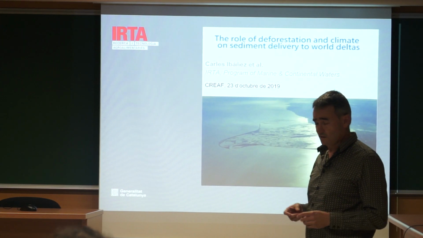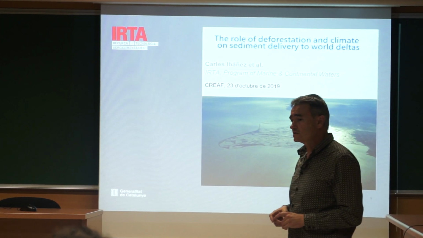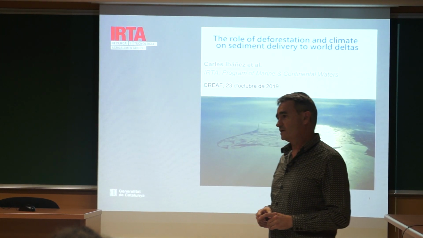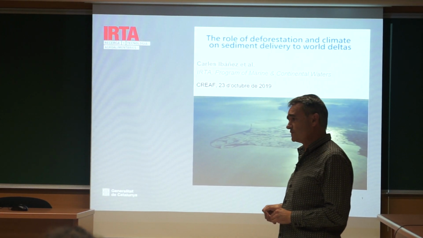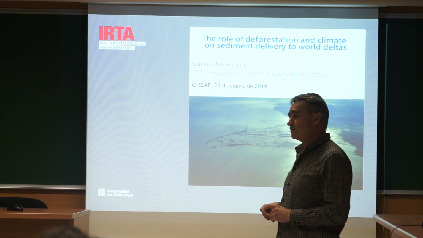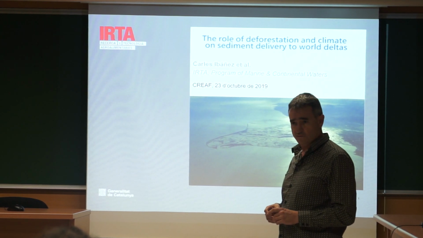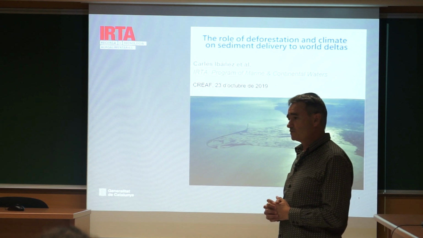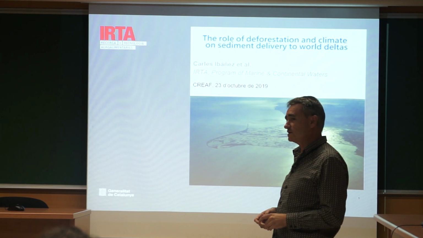Deltas could be an indicator of what's happening in the river basin. And in this case, the dependent variable was essentially the delta size, nothing but delta size. And we tried to connect this variable with processes in the river basin, mostly large scale, from centuries to millennia, not mostly related to the processes happening in the last decades, right?